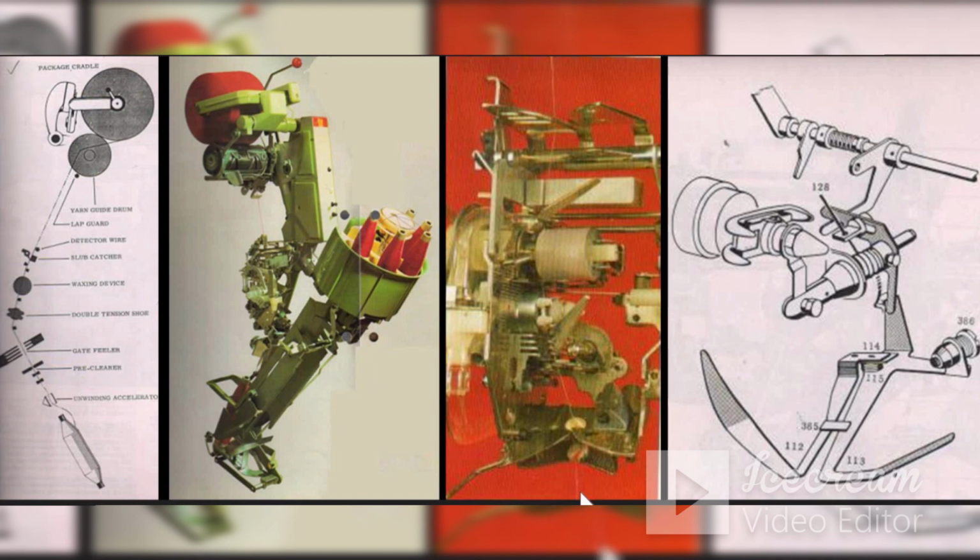So yarn coming from the unwinding accelerator, it passes through a first yarn guide, then you have a second yarn guide, what you can see in the diagram here. Then you have a pre-clearer. Pre-clearer in diagram is shown here. So this is the pre-clearer. Then you have a gate filler.